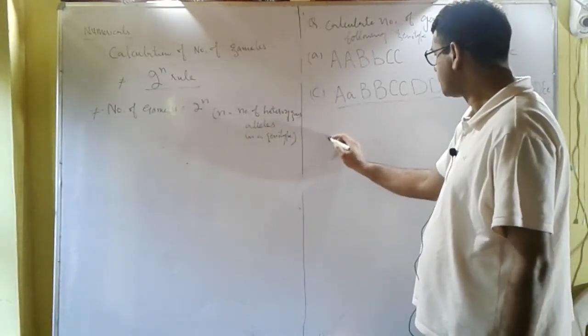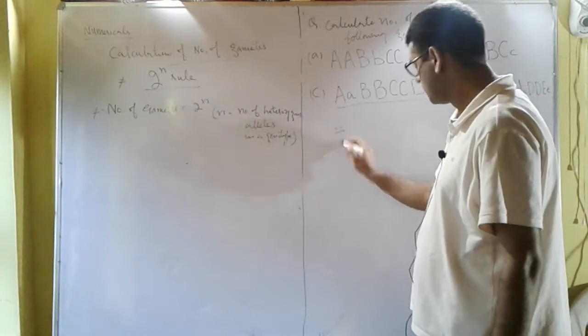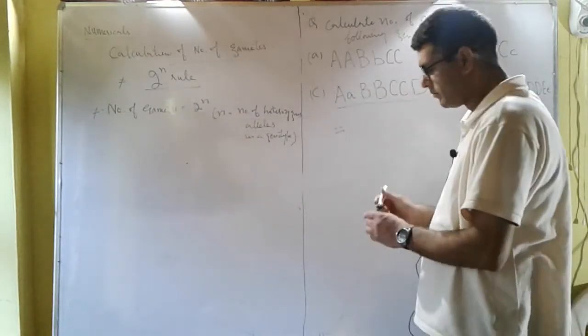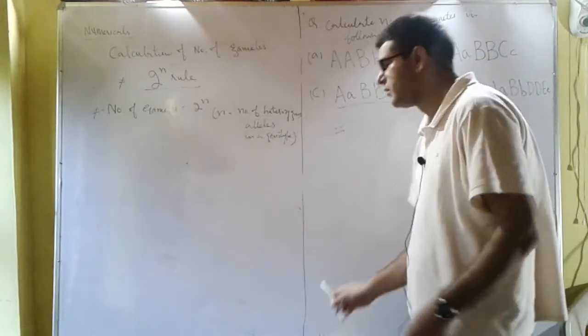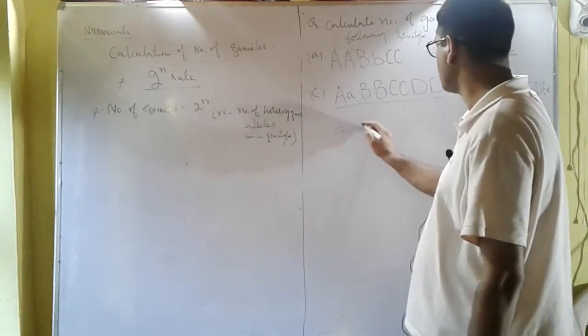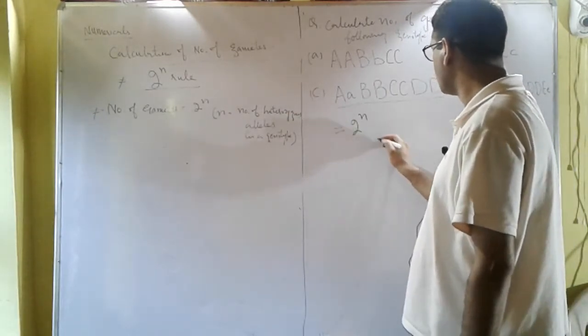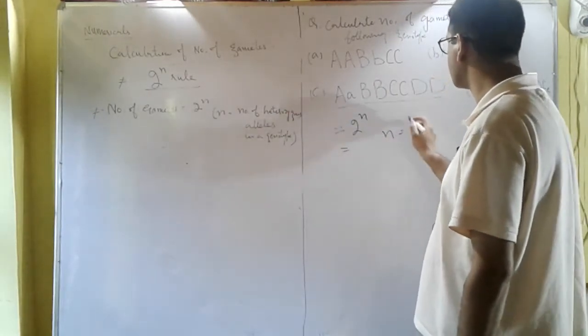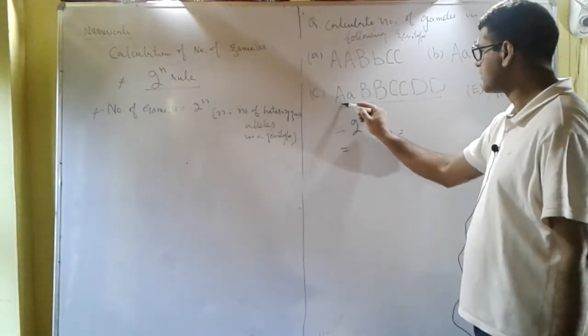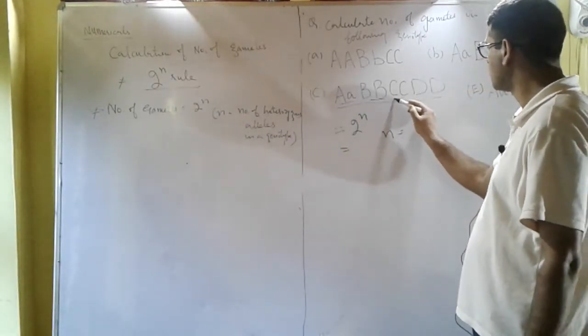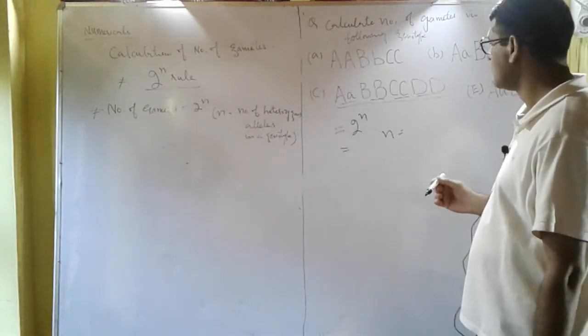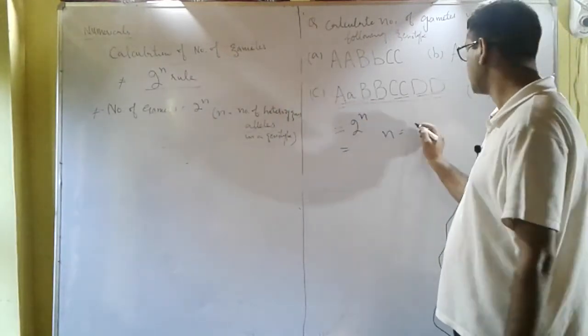We know the number of gametes is equal to 2 raised to the power n, where n is the number of heterozygous alleles. This is heterozygous, the rest are homozygous alleles, so only one heterozygous allele.